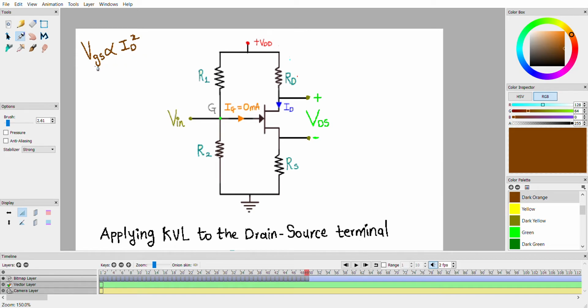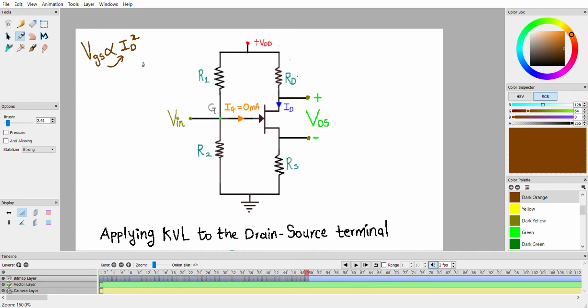This was the relation we concluded in the last post, and that's why JFET is known as a voltage controlled current source, since the input voltage was controlling the output current.